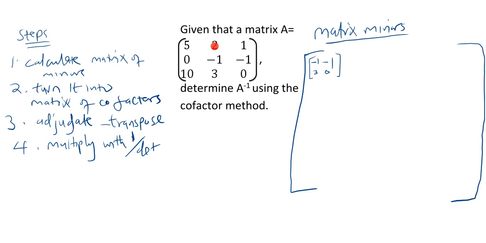For 2, you ignore this column and this row. So you will remain with 0, negative 1, 10, 0. You go for 1, you ignore this row and this column, you remain with 0, negative 1, 10, 3.